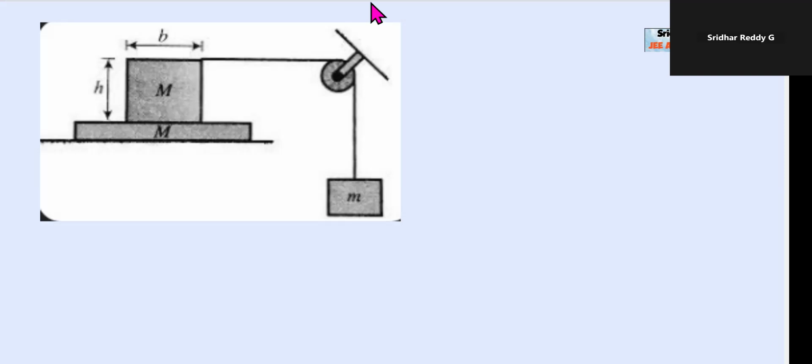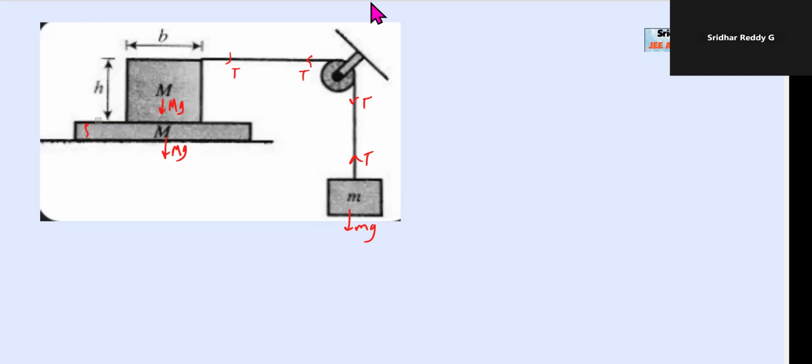So the forces acting here: mg, this will be tension, this will be tension, here the weight mg will act, the weight mg, and the friction. But at what point can it topple?